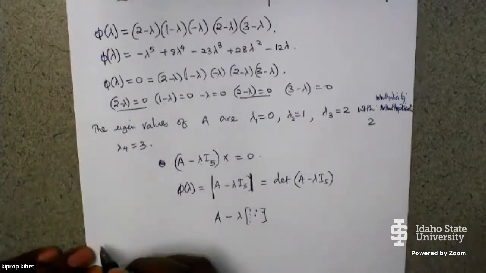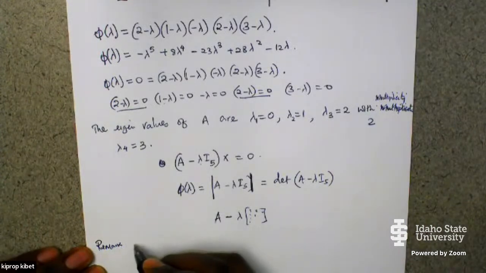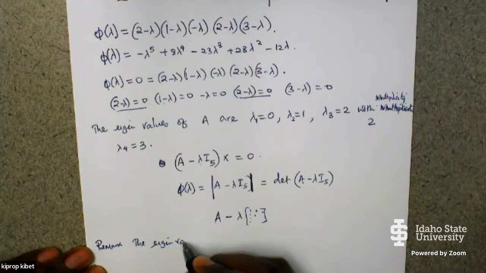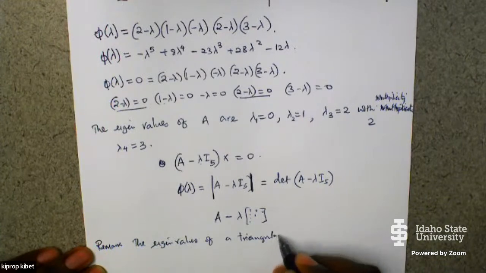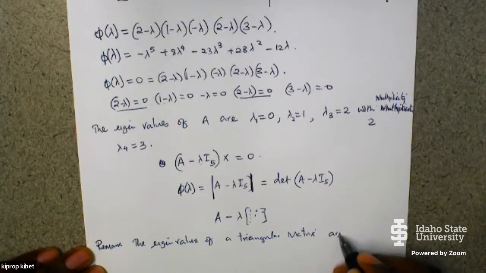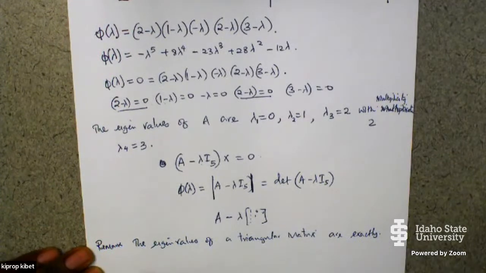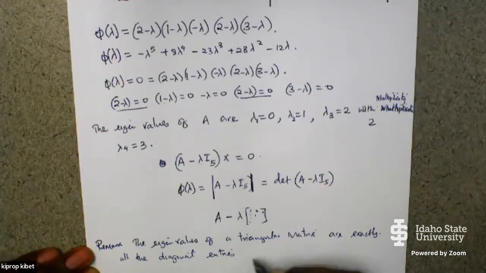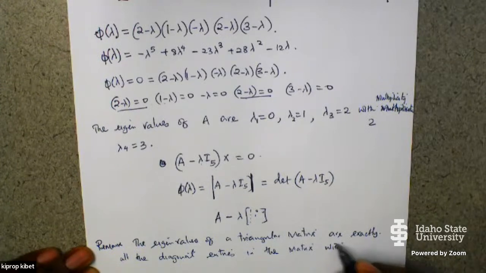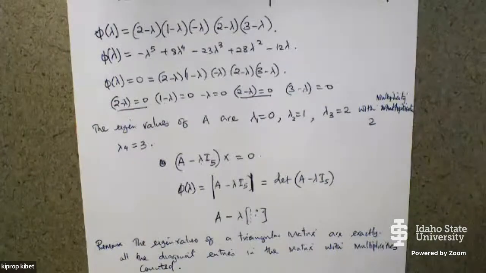So remark. The eigenvalues of a triangular matrix are exactly all the diagonal entries in the matrix, with multiplicities counted.